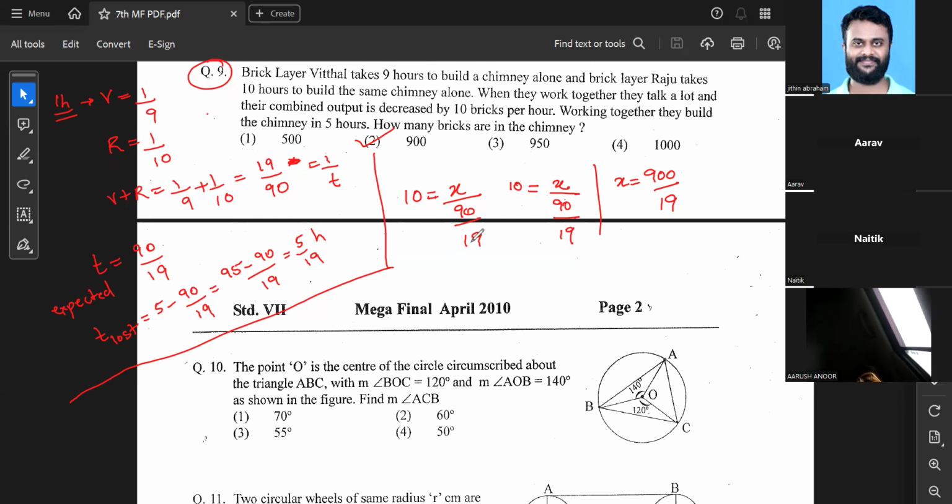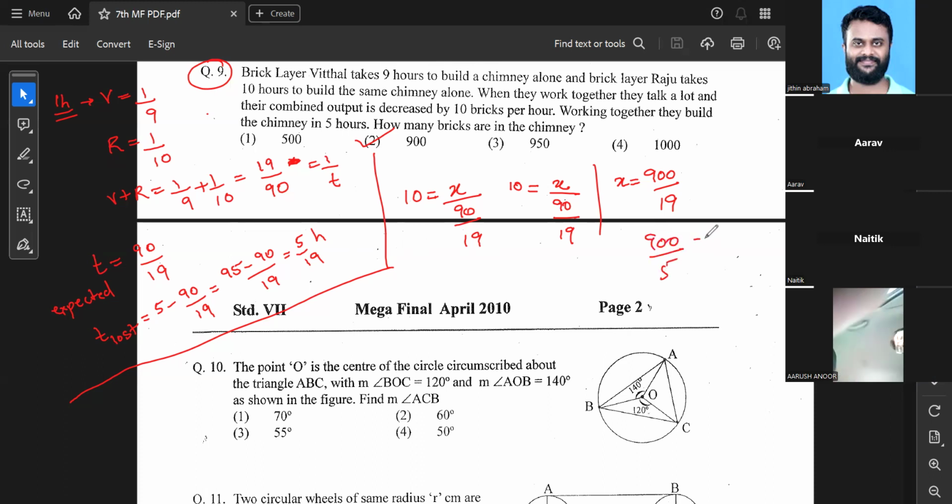This is total number of bricks lost in total amount of time, divided by, when you do 5 by 19, 19 gets cancelled. So 900 divided by 5 is equal to 10. I'm getting some other number only. In formula wise, I'm not able to reach the answer 900.